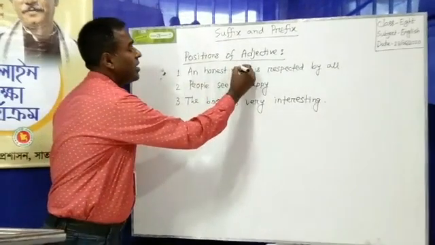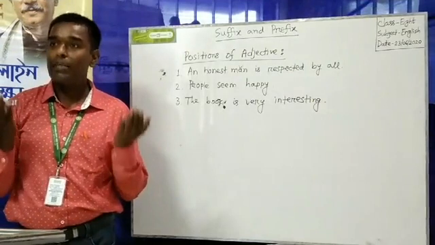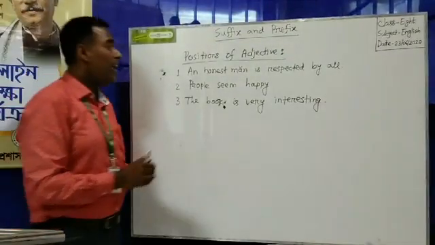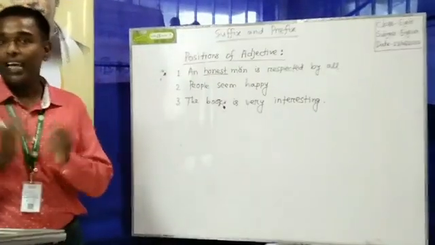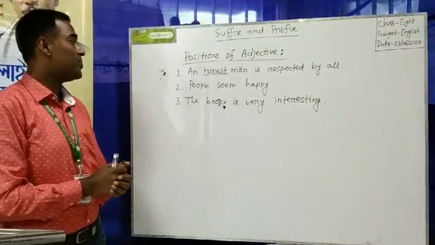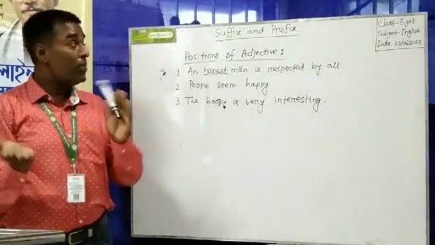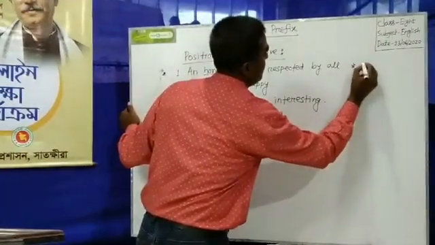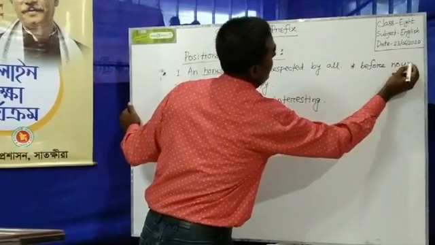Here, man is noun, and honest is adjective. So what is the position of adjective here? Before noun.